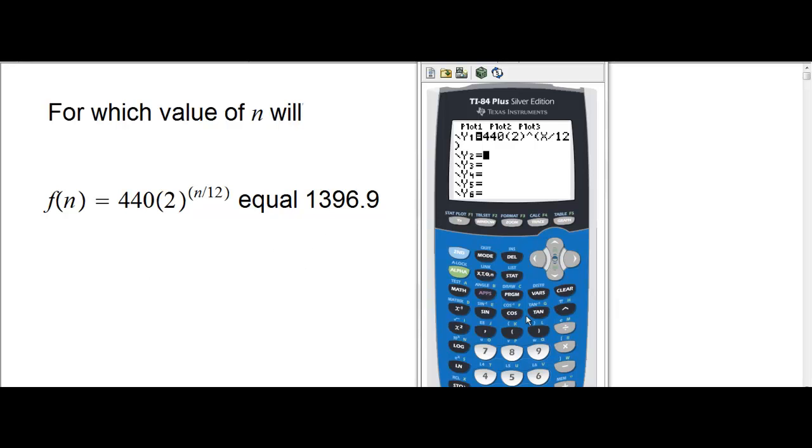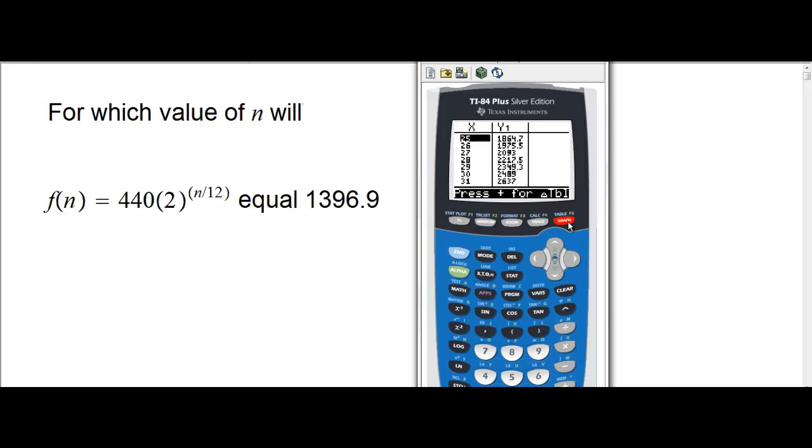1396.9 units. So what I would do first is see what kind of window we have, and if we look at that, it looks like our y values are too large. So the first thing I would do is look at the table of values, which can be obtained by pressing table.